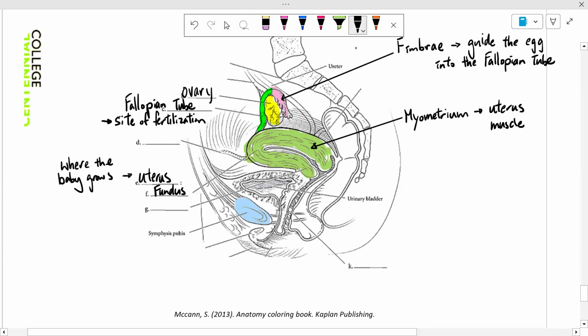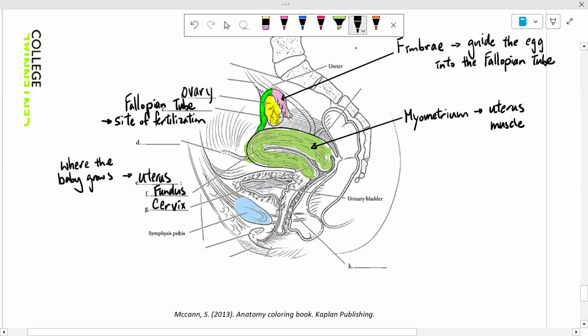And then the opening. Anybody know the opening to the uterus? What do we call that? Starts with a C. Some of you might know it. Cervix. Cervical canal. Yeah, that's a cervix. Very good.